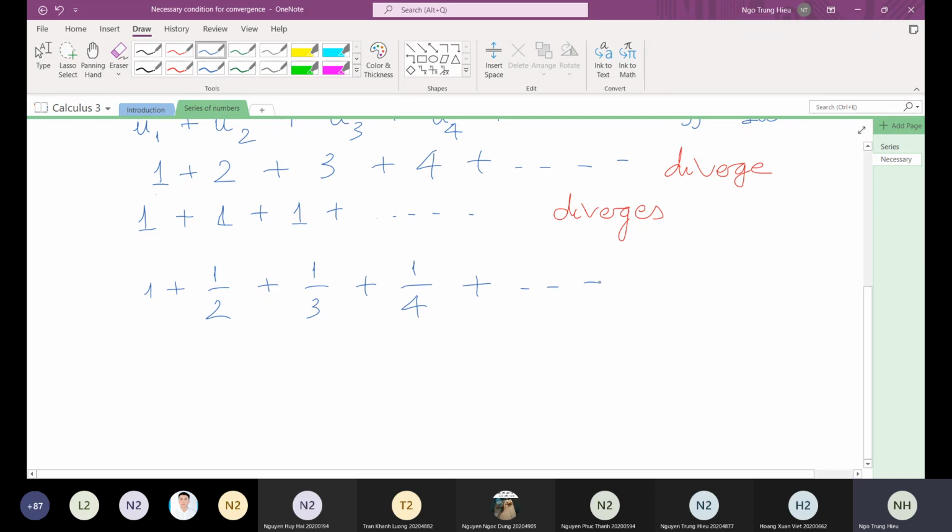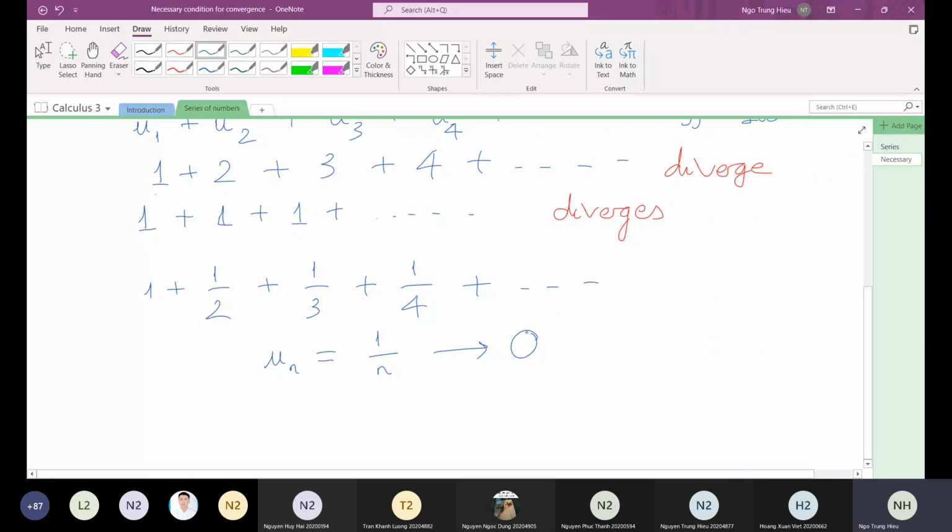So in this case, the individual terms are 1 over n, right? And 1 over n goes to 0 as n goes to infinity. However, this is a p series with p equals 1. So remember the p series: 1 plus 1 over 2 to the p plus 1 over 3 to the p and so on.